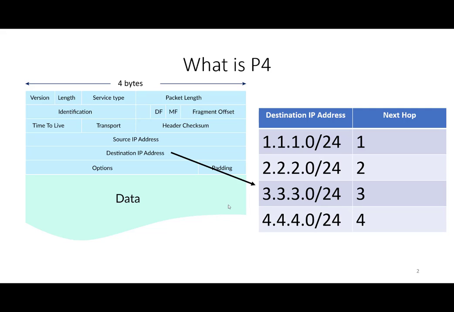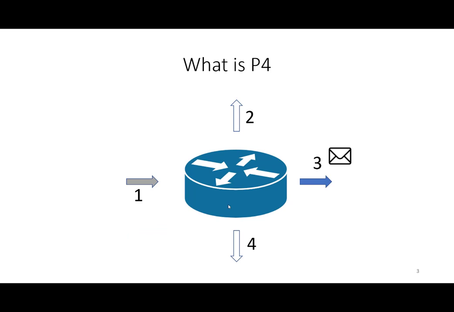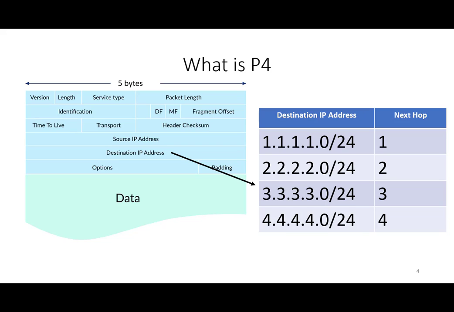which can cause limitation for newer protocols, right? To develop a new protocol, let us say, suppose you think that the number of IP addresses in traditional IPv4 is not enough. So instead of a 4-byte destination IP address, you want to design this IP address maybe 5 bytes.